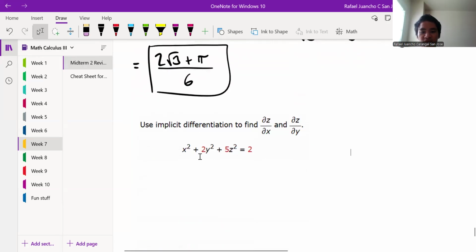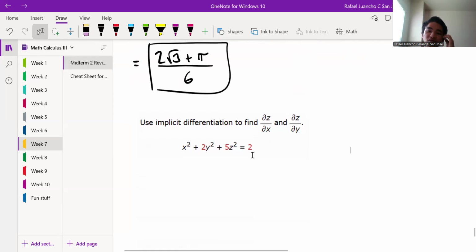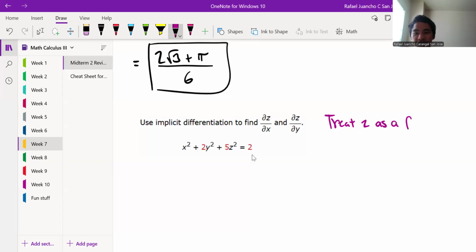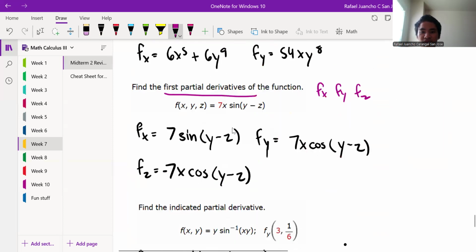And so when we do an implicit differentiation, we're actually doing it twice. Here's the thing: treat z as a function. That's the idea here. All right, that's the big idea.